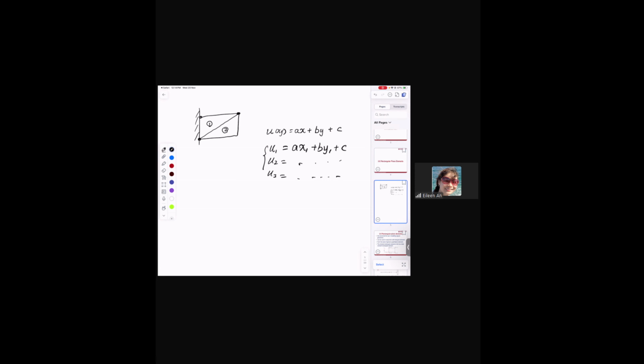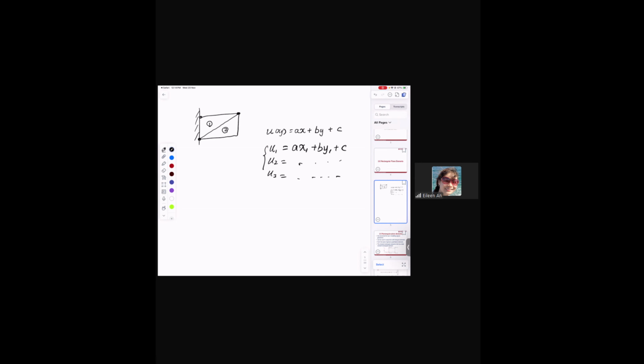Okay, and now may I ask, those 3 constants, a, b, and c in element 1 and a, b, c for element 2, are they the same or not? Some of them. They cannot be exactly the same, right? No, not all 3 of them. Maybe some of them are the same, but definitely not all of them.